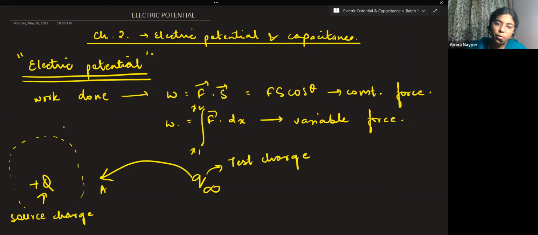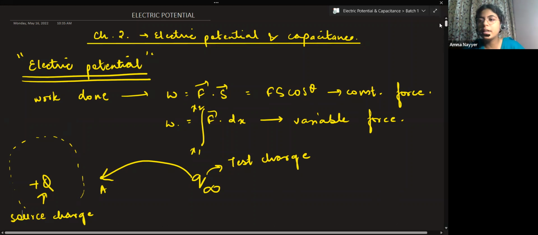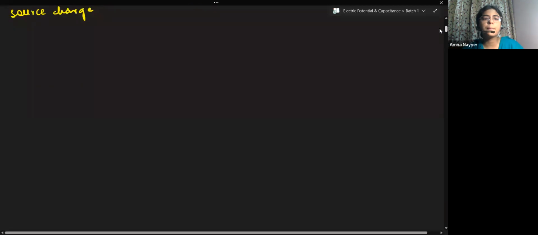So what is electric potential? It's the work done to move a charge from where? From infinity to a particular point. So how is it a work done? Let's see. Let's relate electric potential with work.